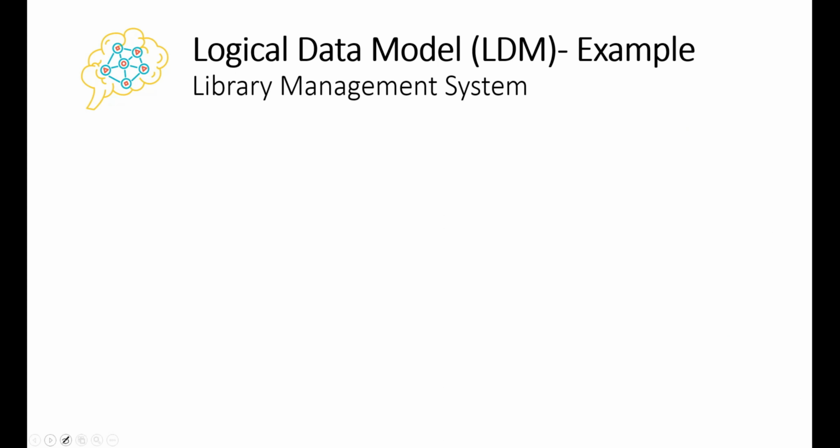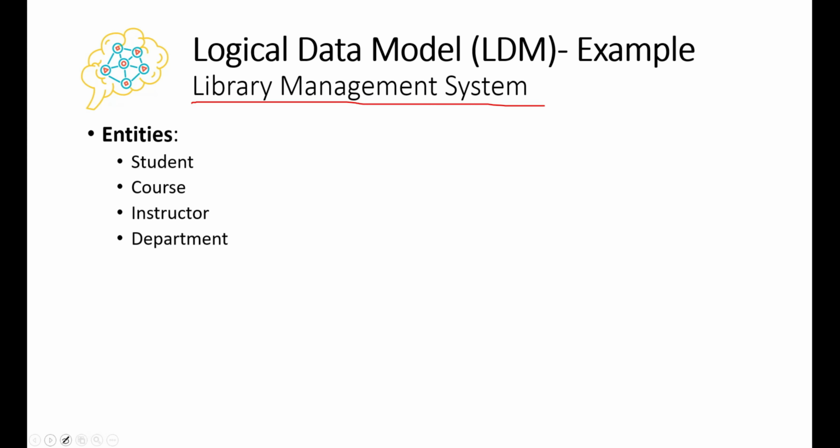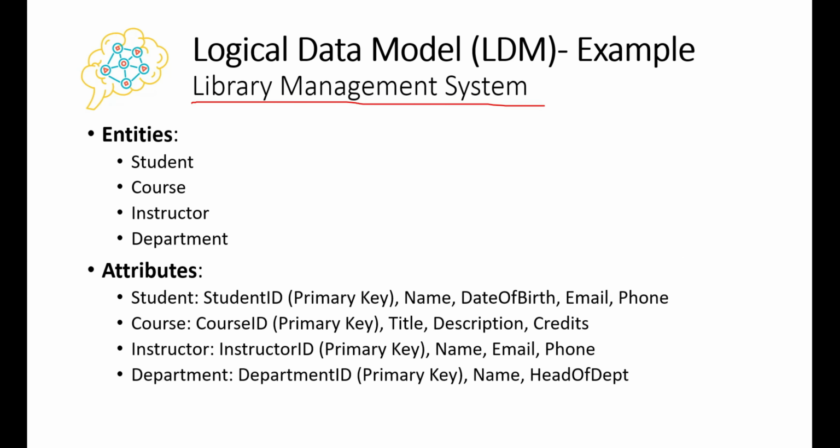Let's take an example of a logical model. We'll take a library management system to understand the logical data model. In this data management system, you might think there are entities like student, course, instructor and department, and each of these entities or tables will have their own attributes.